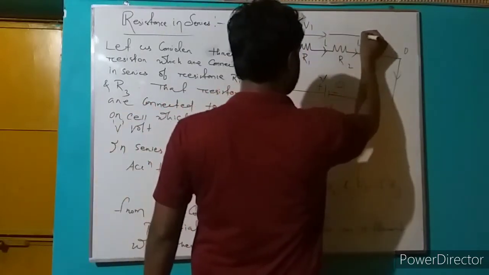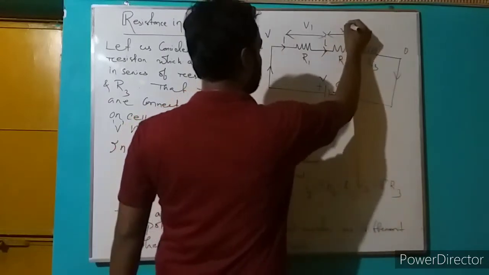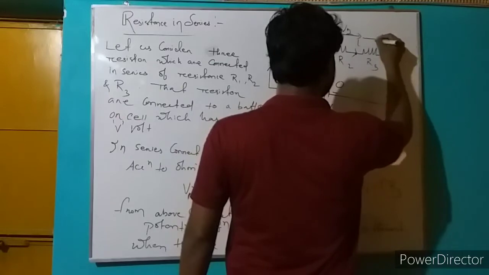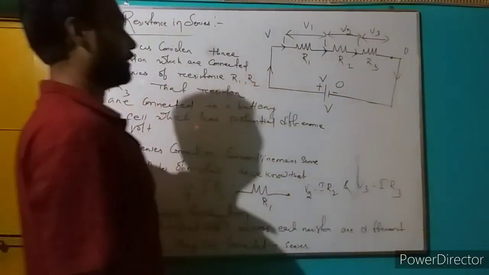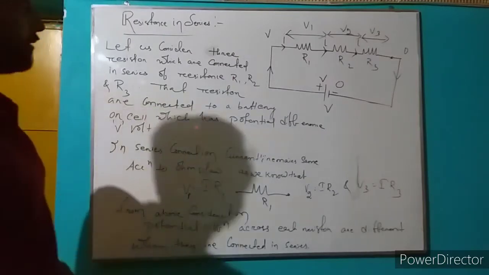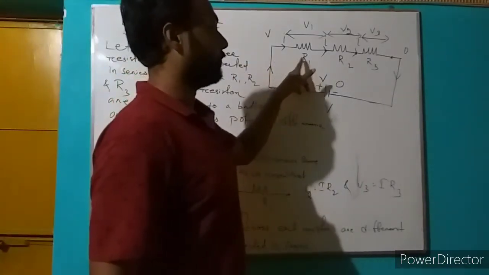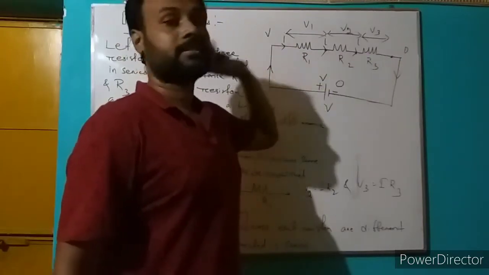Across the second resistor the potential difference is V2, and this is the third resistor whose potential difference is V3. But in series connection, the current remains the same while it moves from one resistor to another.